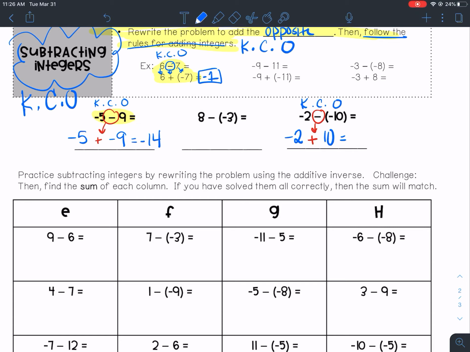So same signs add and keep, but they're not the same because I have a negative and a positive. So different signs subtract. So 10 minus 2 gives me 8. Take the sign of the number with a larger absolute value, so the larger number. So 10 would be larger than 2, so it stays positive. So my answer is 8, and that's correct.